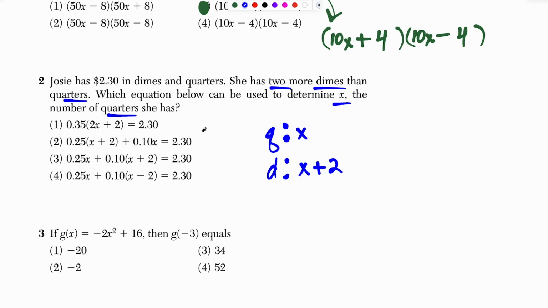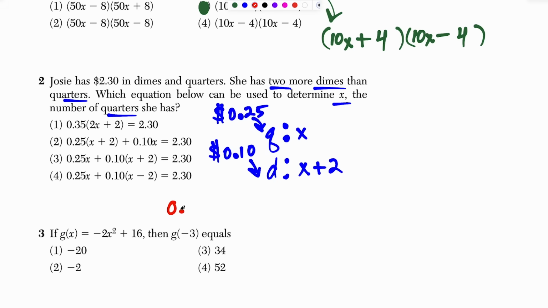So here we also have to know the value of a quarter. A quarter is worth 25 cents. Okay, so 25 cents is $0.25. And a dime is worth 10 cents. So that's 0.10. So now we just go ahead and build up our equation here. So we're going to say we have 25 cents times x.